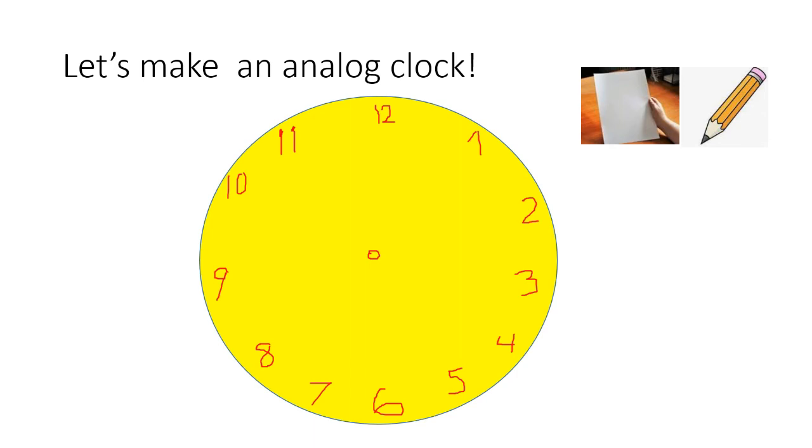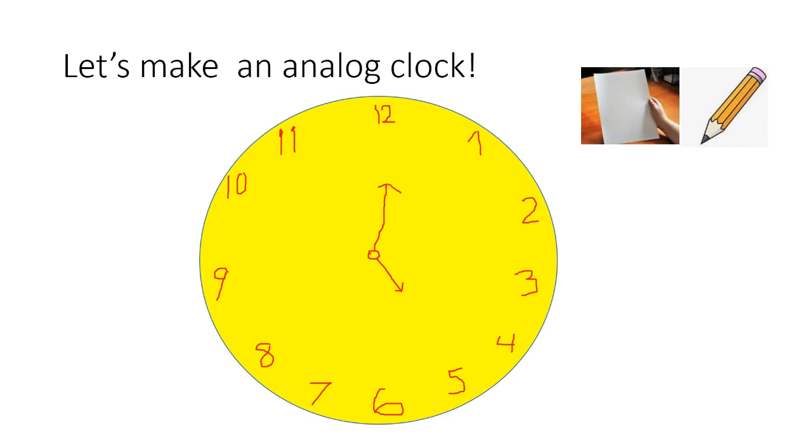That's the clock, kids. Can you see that? That is how to make an analog clock. Okay, let's say we will make 5 o'clock. Remember the short hand? It is the hour hand. This is the hour hand. And for 5 o'clock, the minute hand should point to the 00 here.